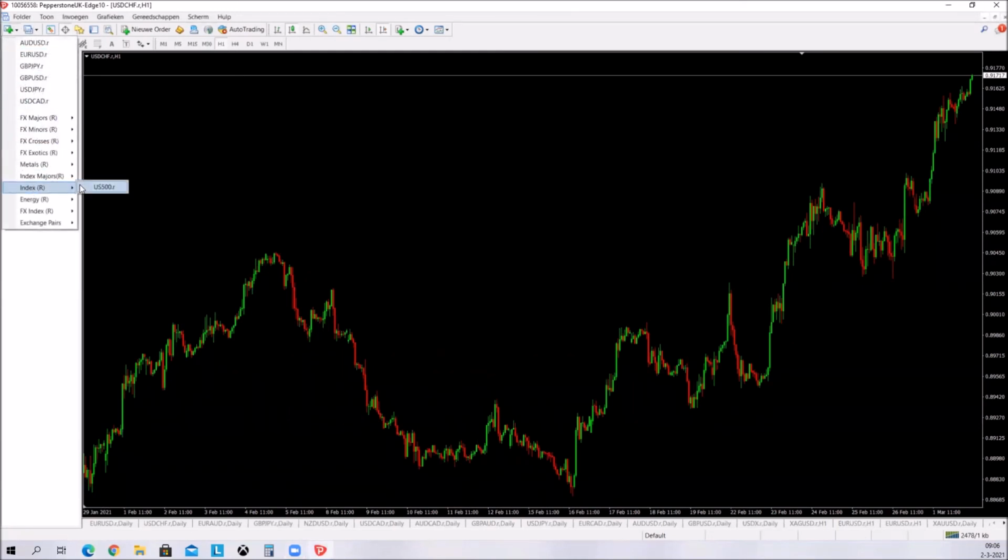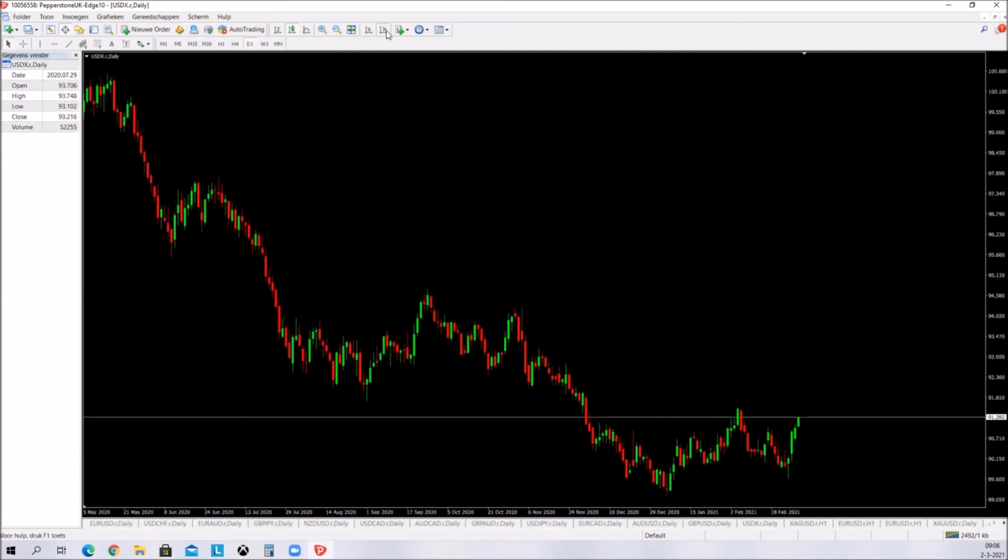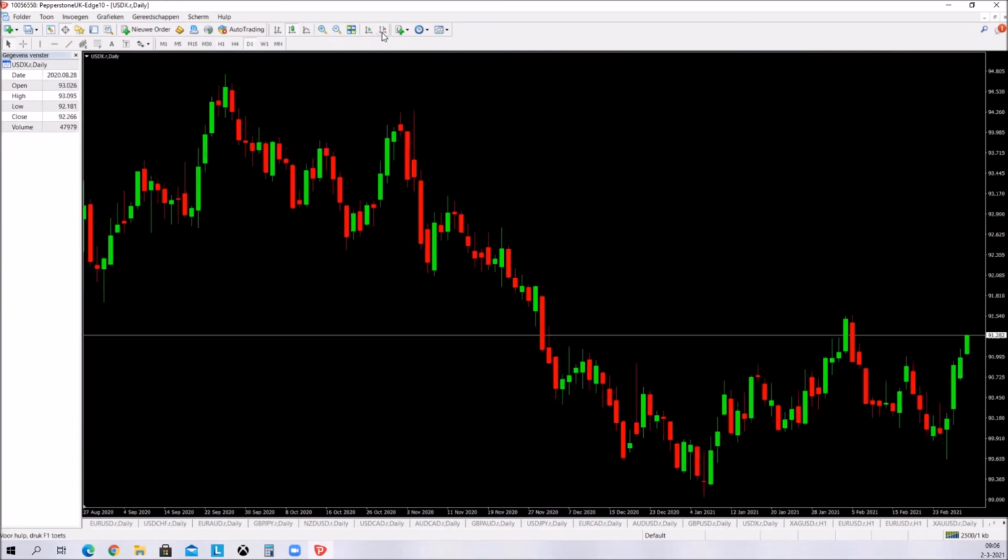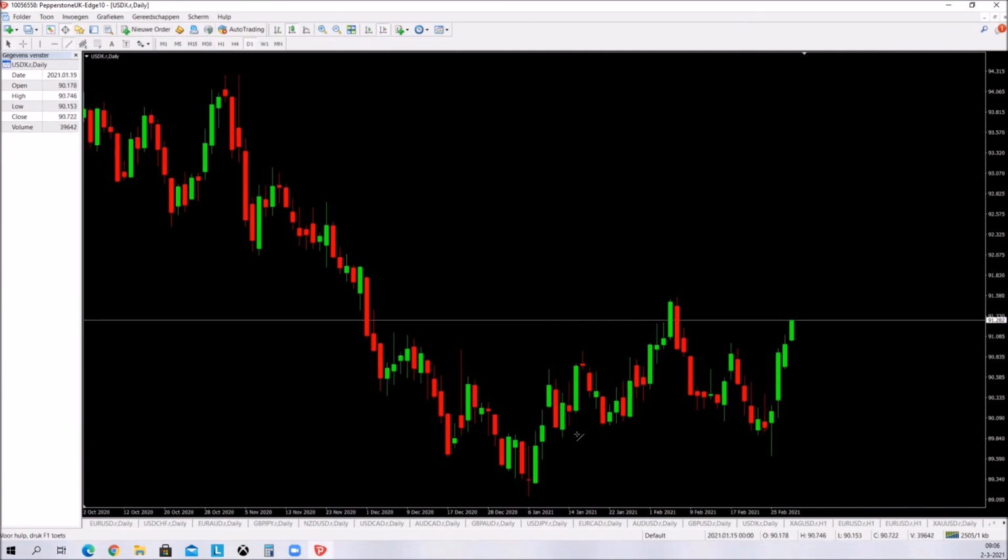Because if we look at the DXY, we had very bullish price action. Look at this. All the lows have been taken out. So this was an accumulation range. Then we got the move to the upside and we had multiple lows forming.